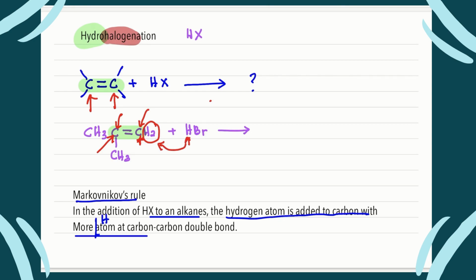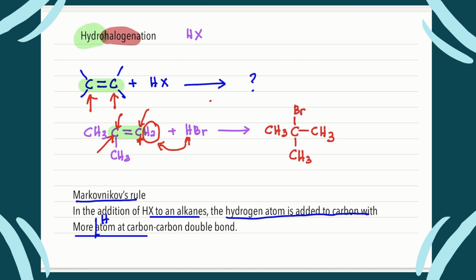So the product could be CH3C. We already have CH3. Okay, never mind. CH2 becomes CH3 because it has more hydrogen, so the hydrogen is added to it, and this carbon will be bonded to bromine.